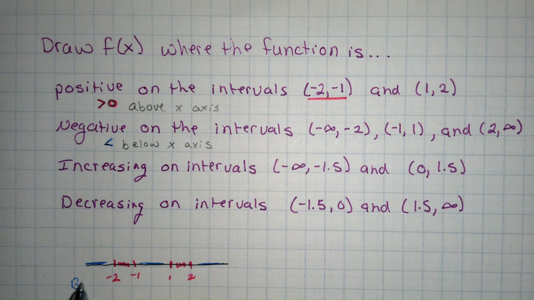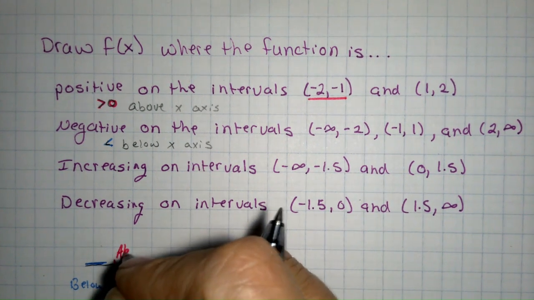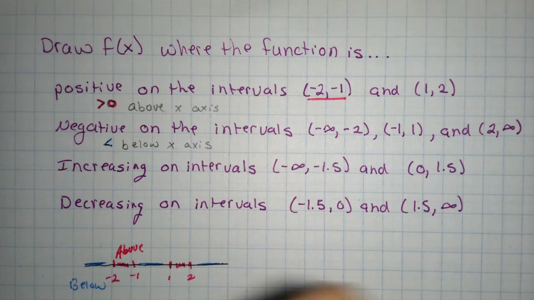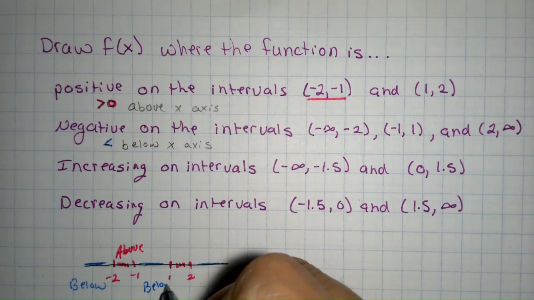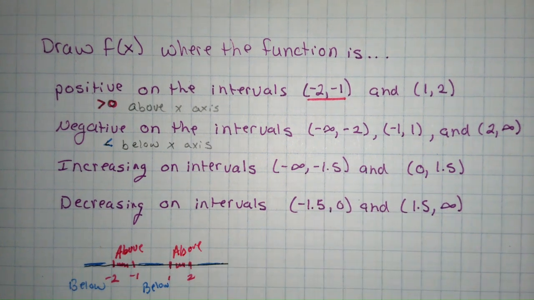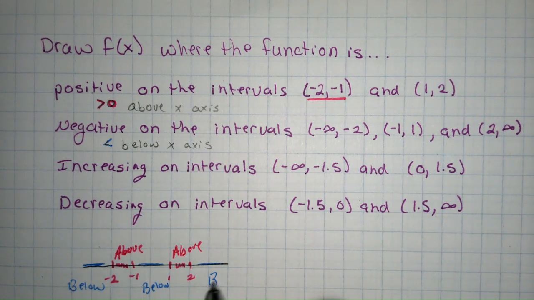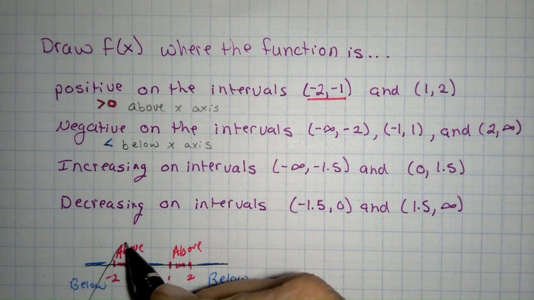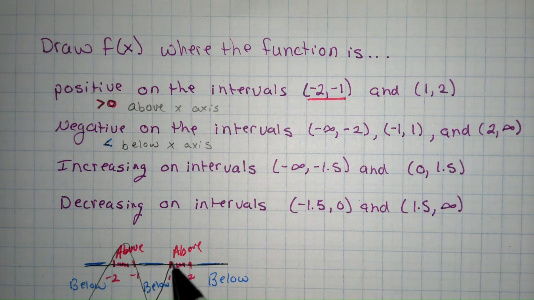So they want us to be below, then above, below, above, and then below again. Okay? So I'm just going to kind of sketch that. Below, above, below, above, below.